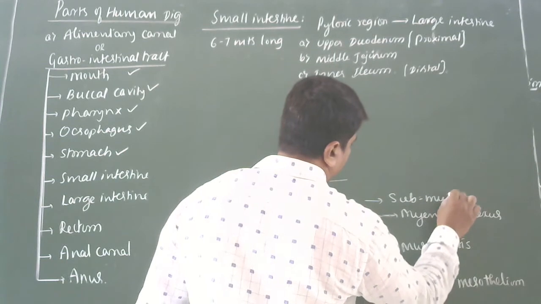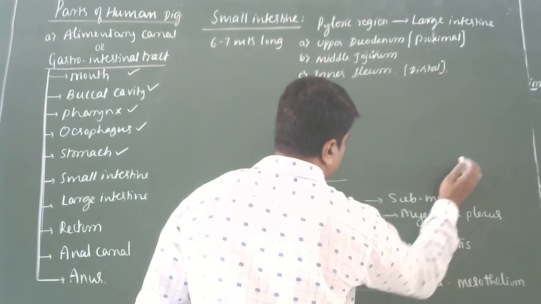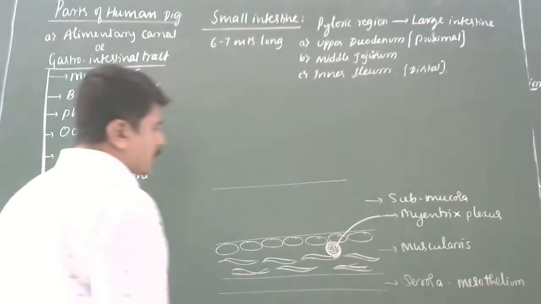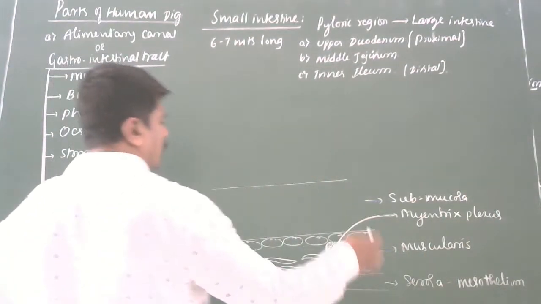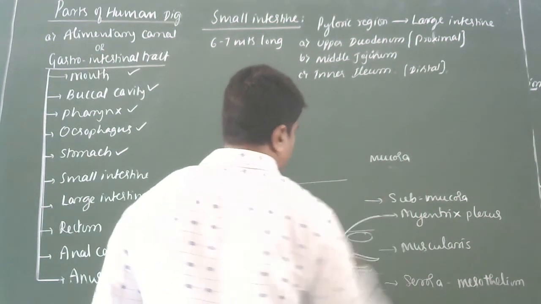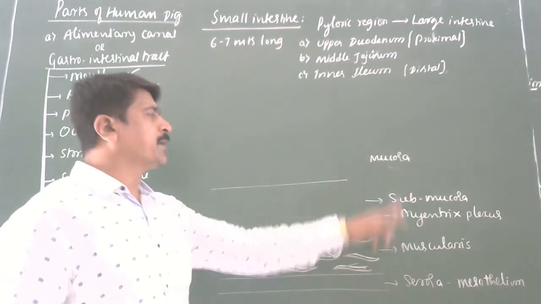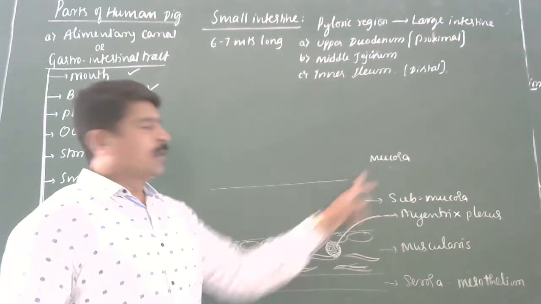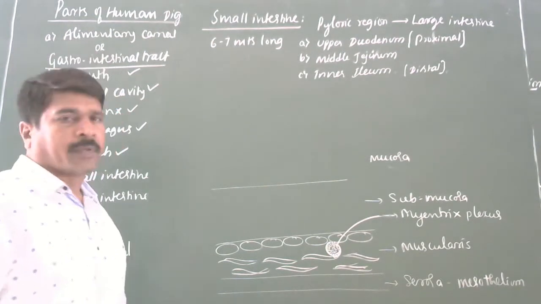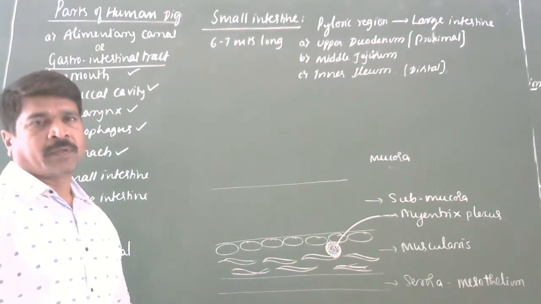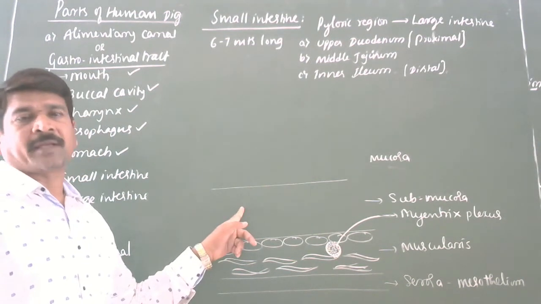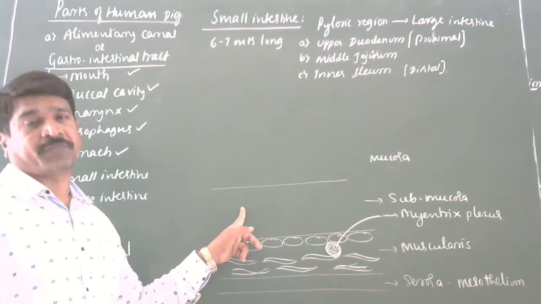Clear? Next. Third one is the submucosa. This is present between the muscularis and the mucosa. Submucosa is also made up of areolar connective tissue containing blood vessels, lymphatic vessels, and a network of nerves.